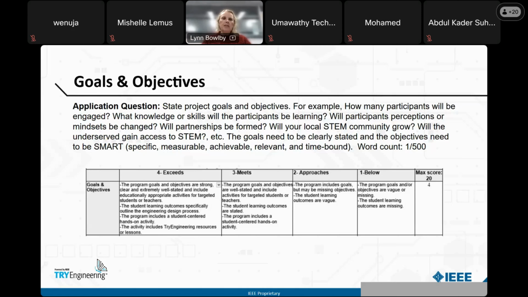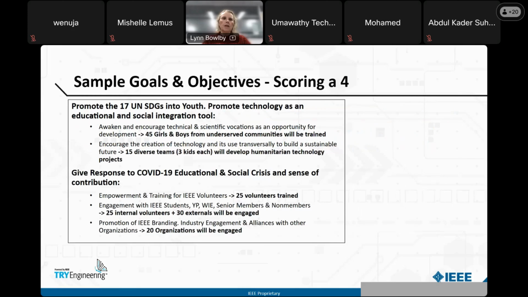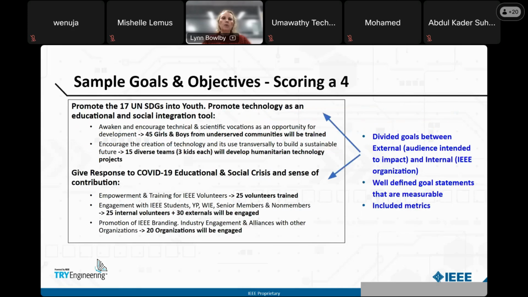So here's the piece of the rubric that talks about goals and objectives and what information would receive a 4 versus a 1 when the reviewers review your application. So again, here's a sample of a previous application response that received a score of a 4.